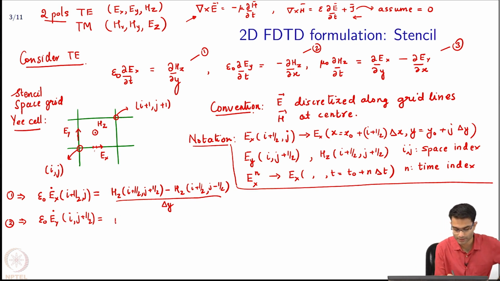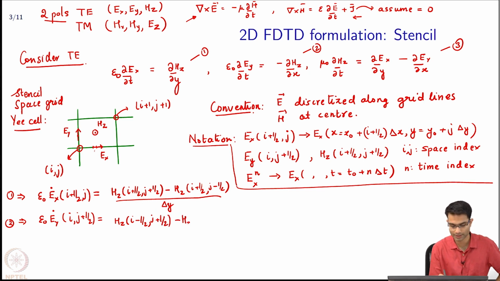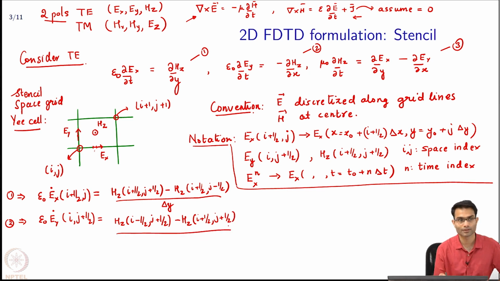Okay, so first term: Hz at I minus half, j plus half, minus Hz at I plus half, j plus half, divided by delta x.